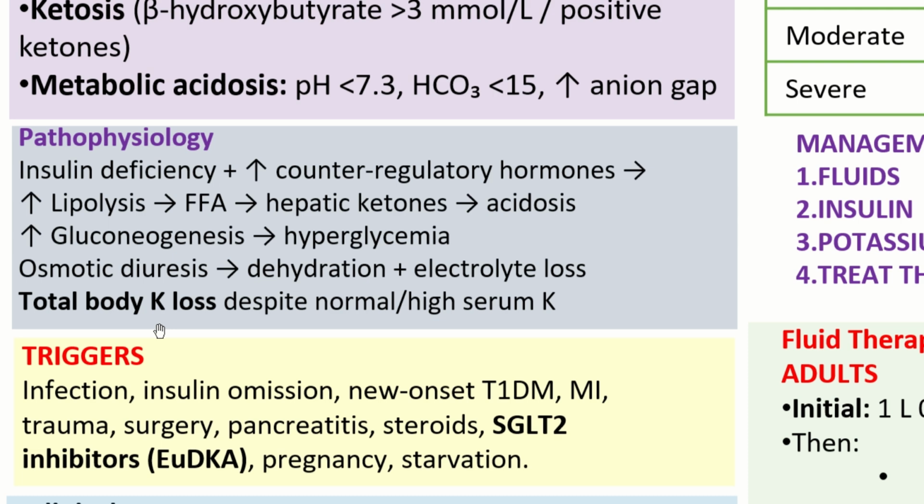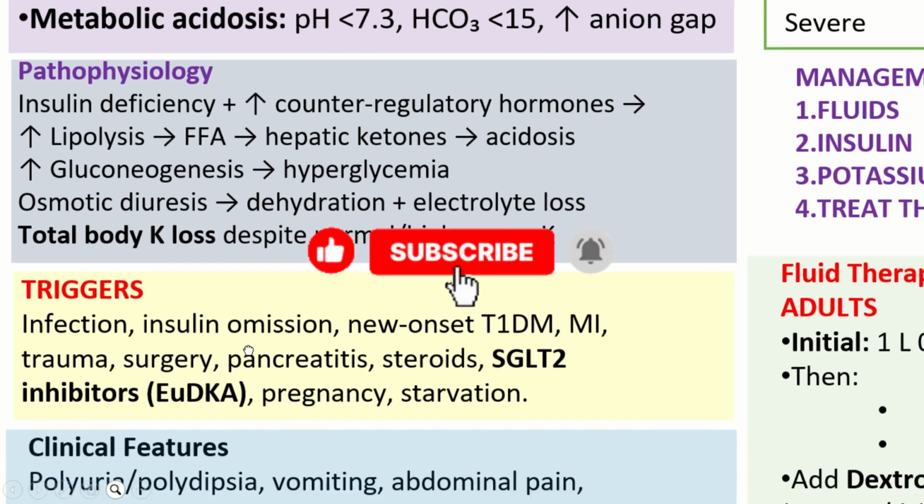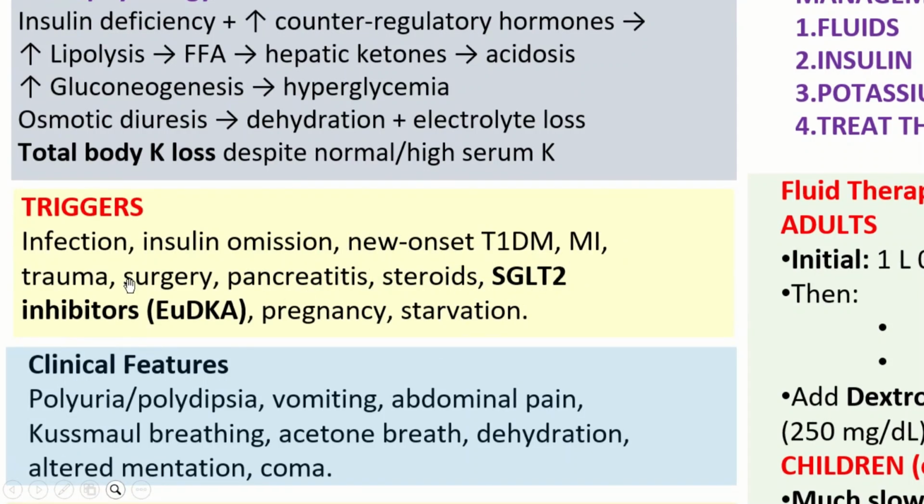But the normalization is because the potassium is being pushed out of the cells. So when you look at the whole body, we are having less and less potassium within the body.